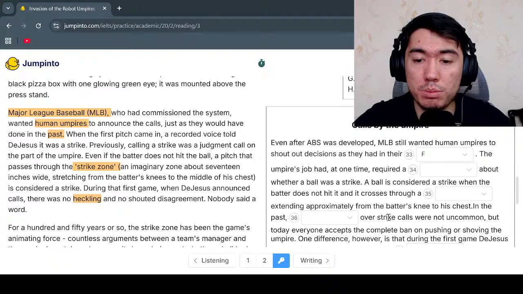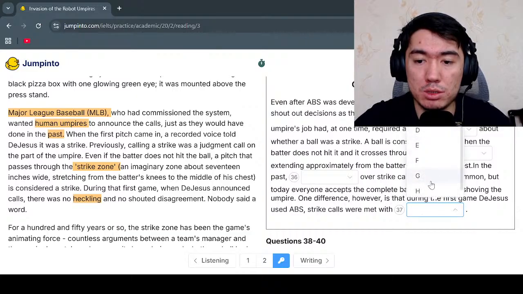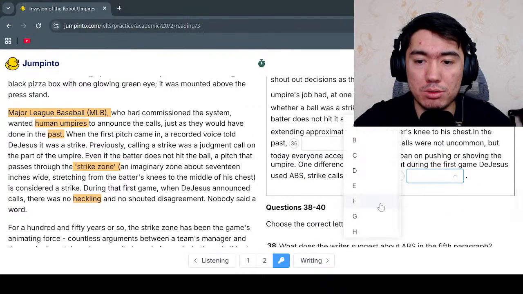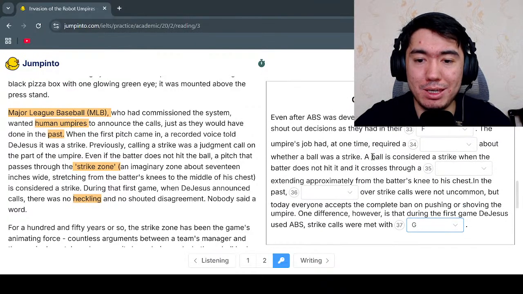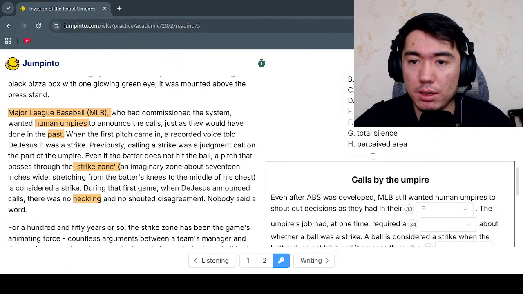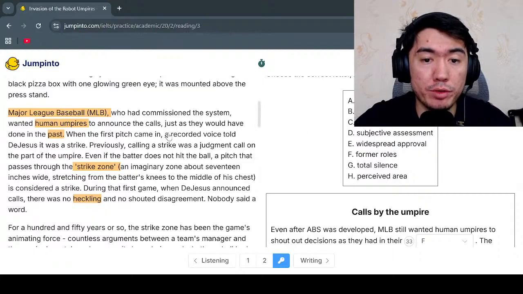One difference was that during the first game, a strike was met with total silence. I found the last answer, and I can't resist the temptation to just put it in. My answer here is a recorded voice.